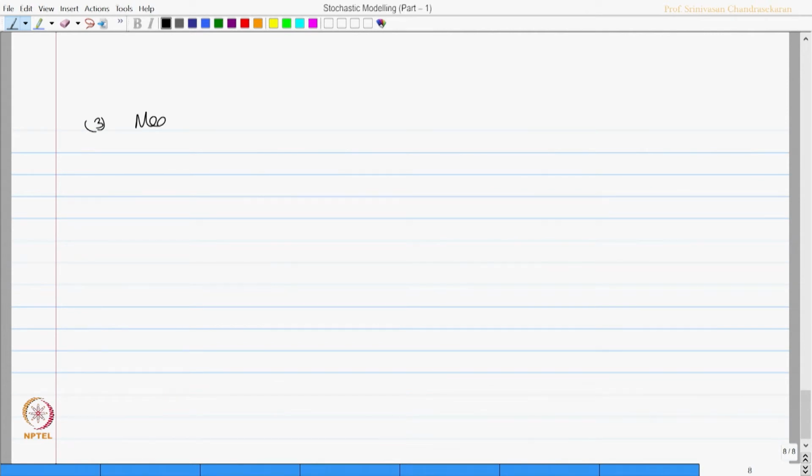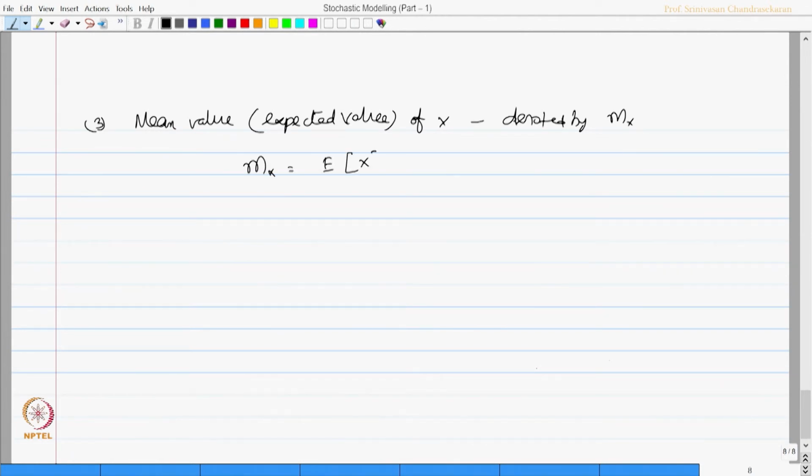The mean expected value, what we call the mean value of x, which is denoted by mx, is given by the expected value of x, which is actually equal to the integration from minus to plus infinity of x f of x dx.